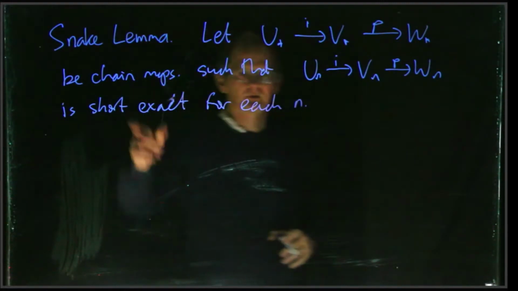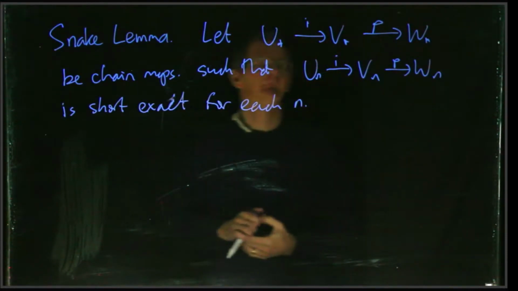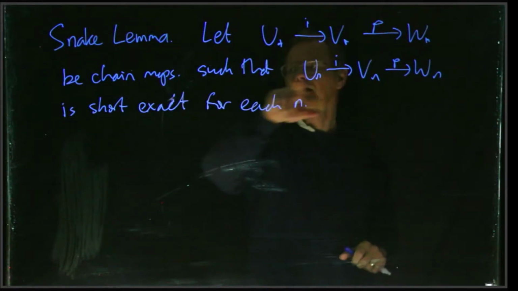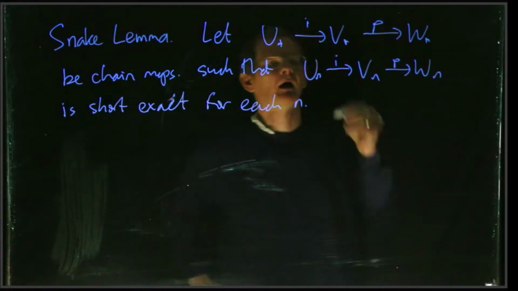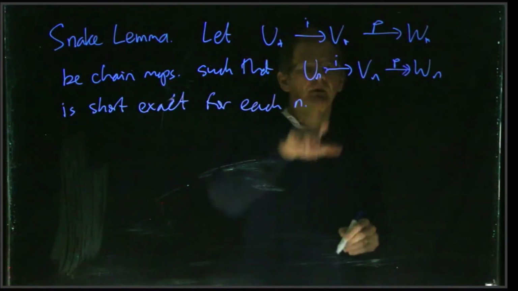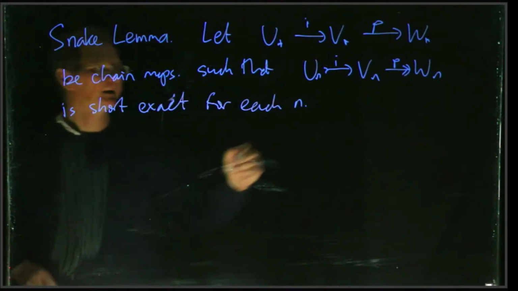Okay. So remember, these are chain maps, which means that dI is Id, dP is Pd. They commute with the differentials in the chain complexes, and then it's going to be short exact. So that means that I is injective, and P is surjective, and that the image of I is the same as the kernel of P.